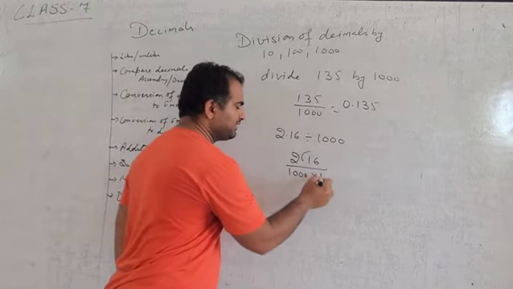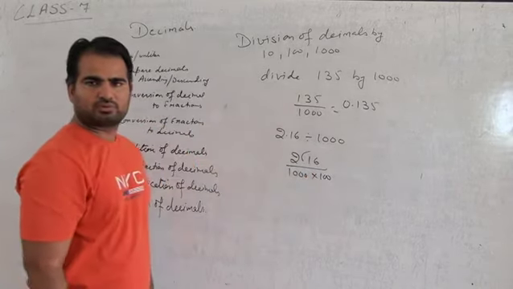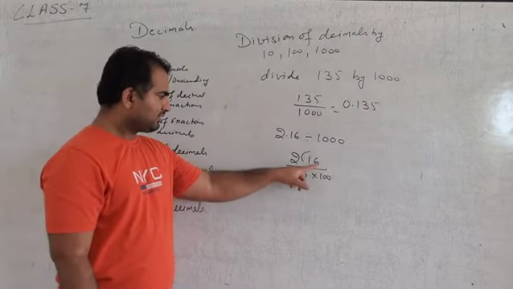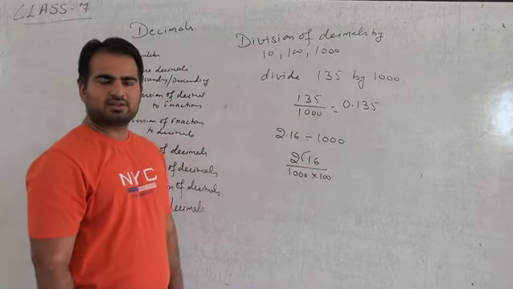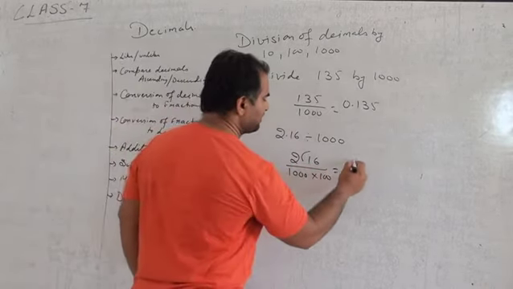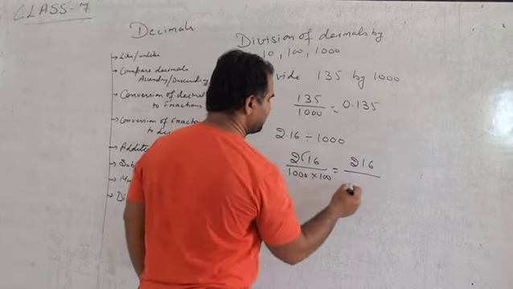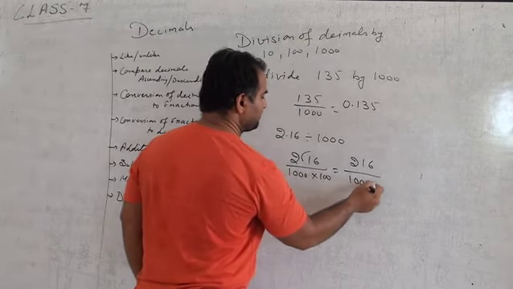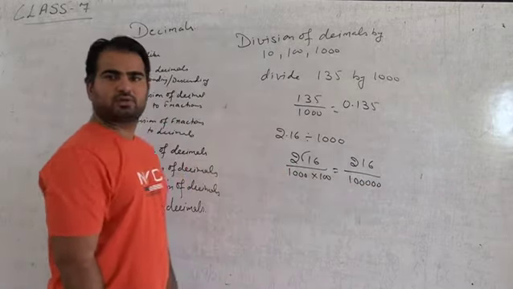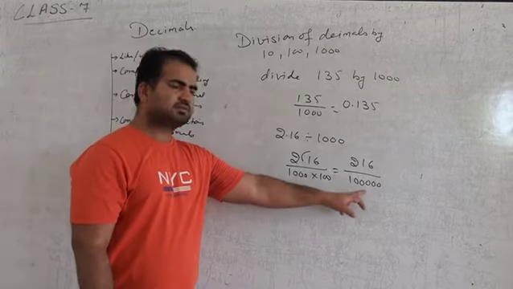When we remove the decimal, it will be 100 more, because there are 2 digits after the decimal. So it will be like 216 divided by 1, 2, 3, 4, 5 zeros. Okay, how many zeros? 5.